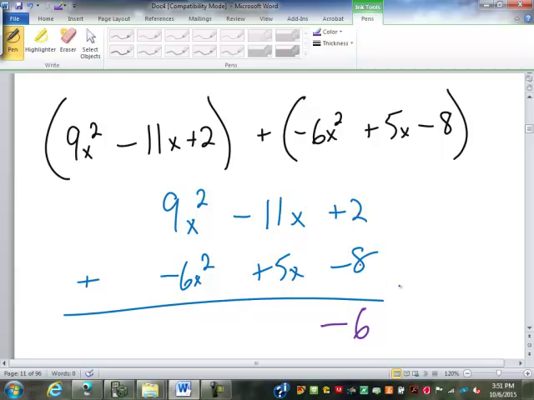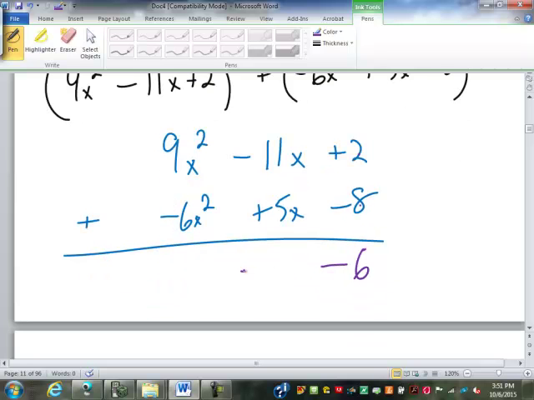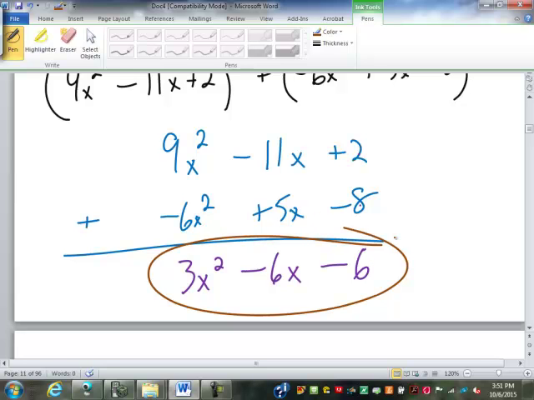Negative 11x plus 5x, negative 6x. 9x squared plus negative 6x squared, 3x squared. Good. How many of you had that one correct? Good. It can be complicated just a little.